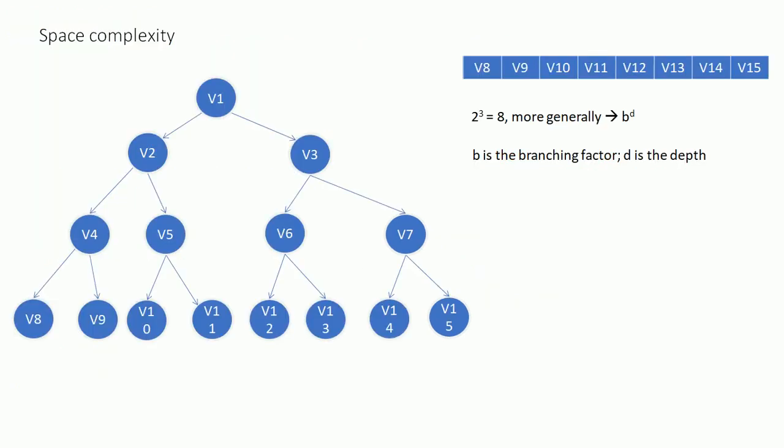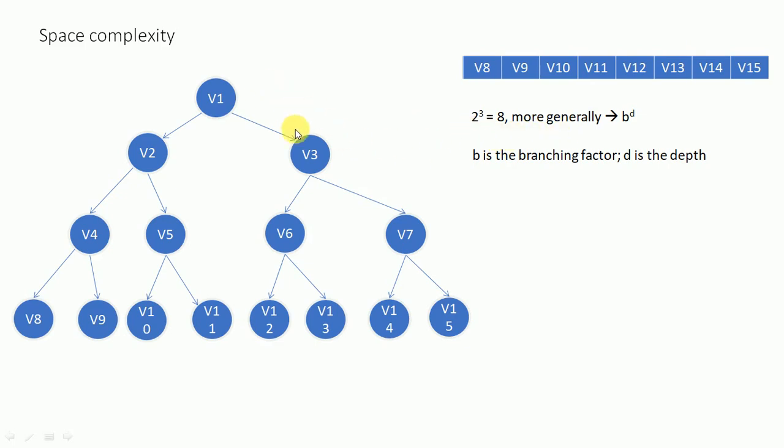Coming to the space complexity of breadth first search, imagine a scenario wherein V7 has just been removed from the queue, and in that case V14 and V15 will be added to the queue. So at this point in time we will have the largest number of nodes in the queue. Therefore this can be generalized.